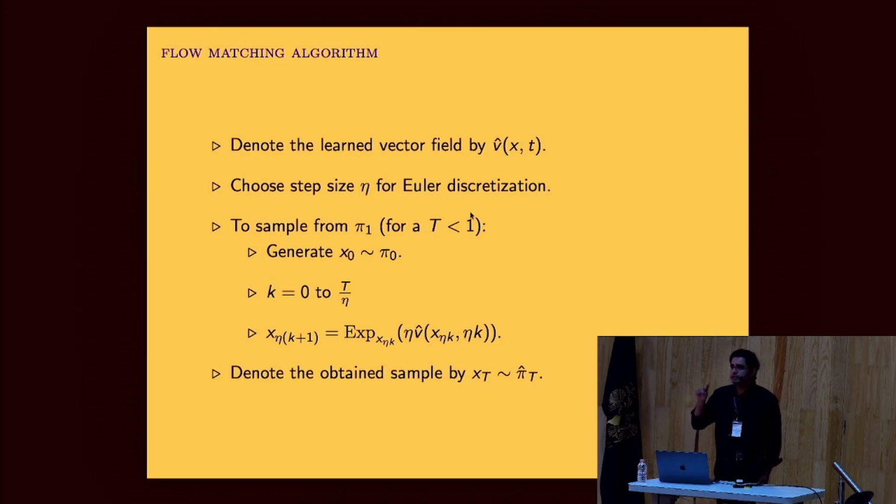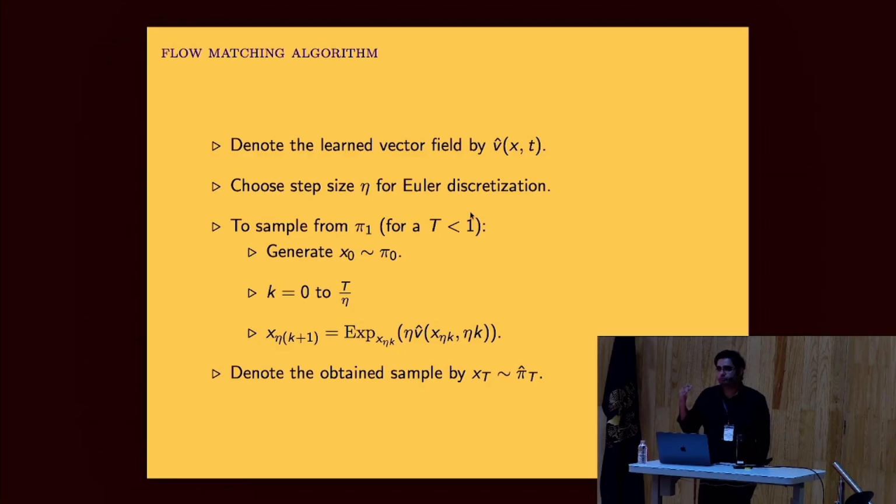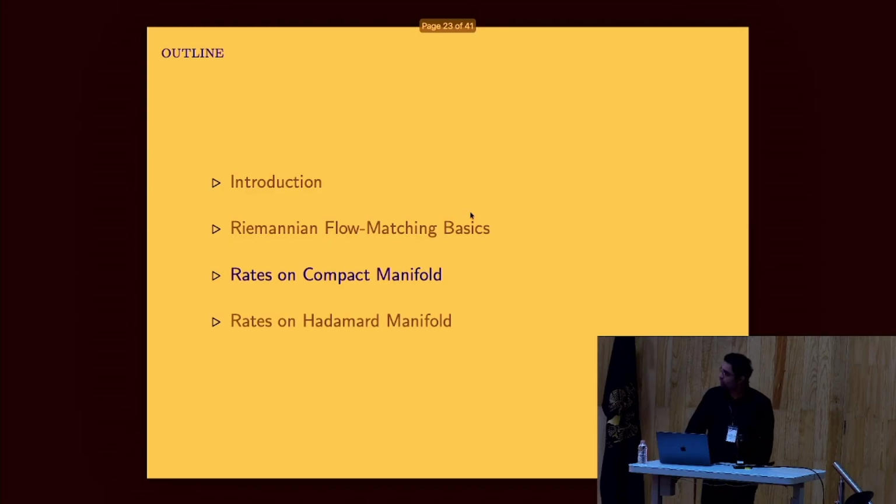So you always pick a time t which is strictly less than 1, and then you generate k steps with some step size eta, and then you just implement this sequence to obtain a sample, right? And all this exponential map and everything can be computed for most basic matrix manifolds. There are efficient implementations of these maps and things like that. All right, so now let me go to the rates.